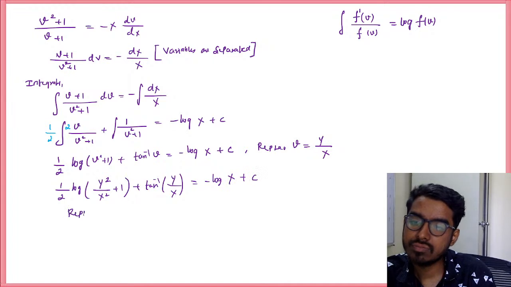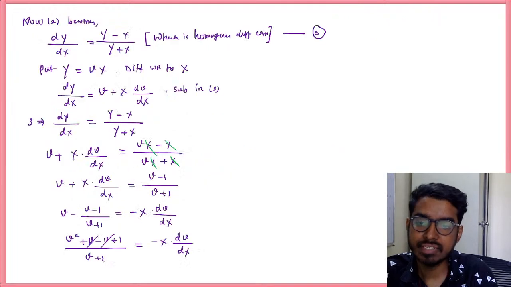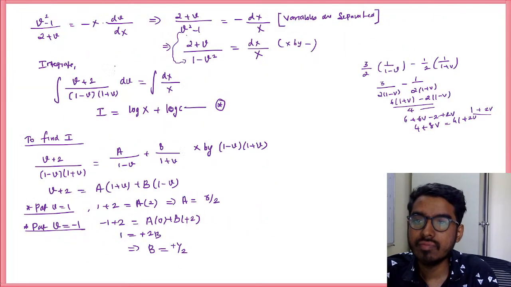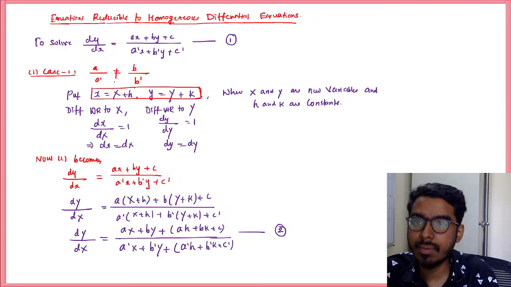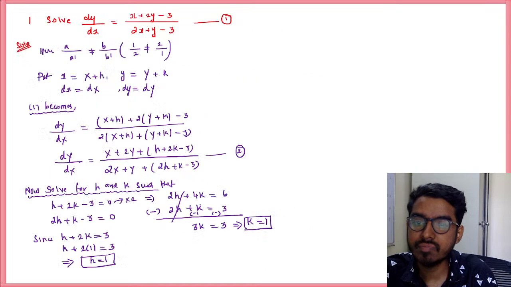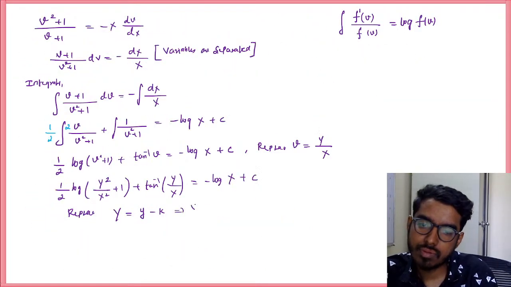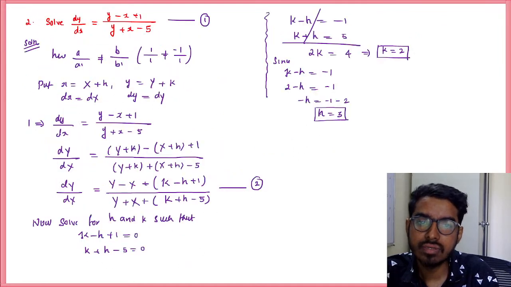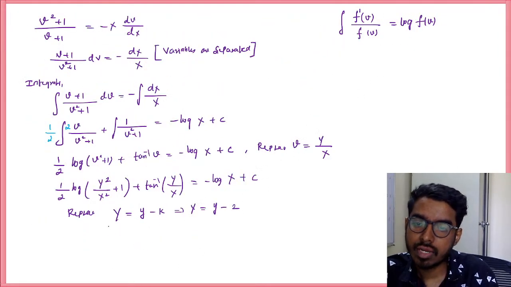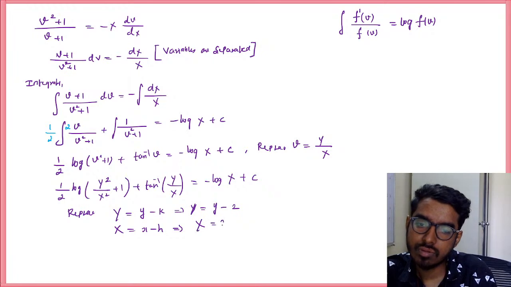Now what is capital Y? It is small y minus k. Sorry, at the very beginning I had put a plus. Capital Y is small y minus k, and capital X is small x minus h. In our problem, our k is 2, and what is our value of h? h is 3.